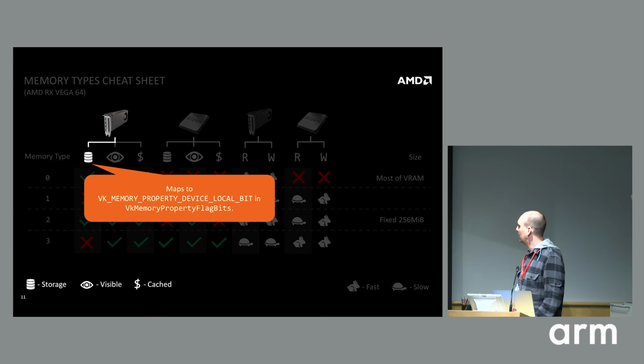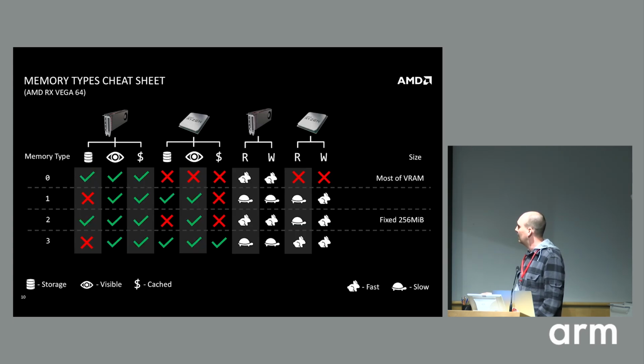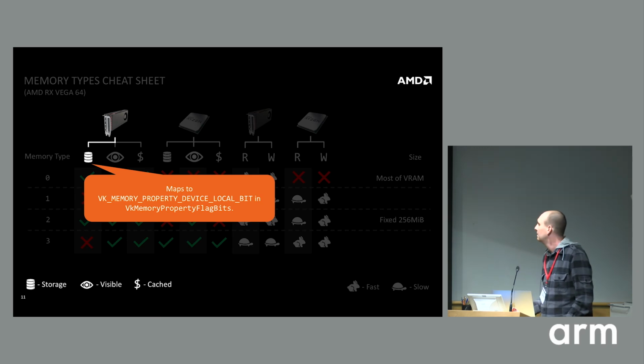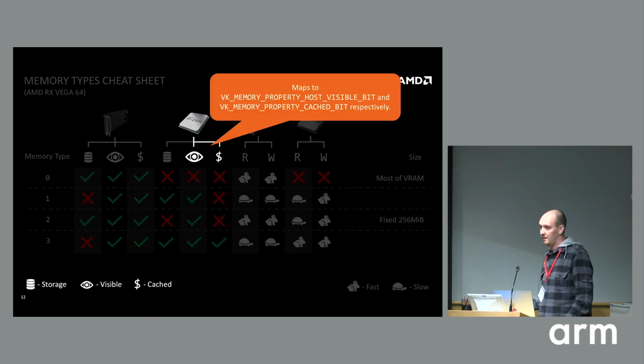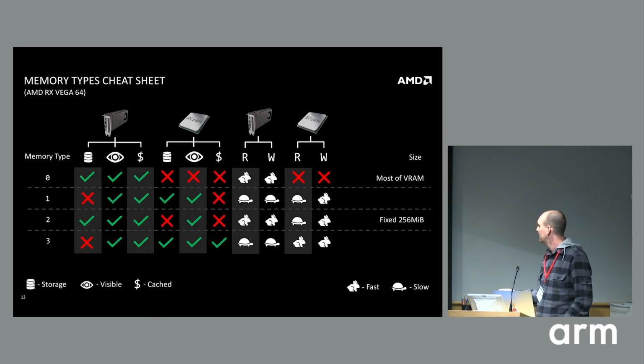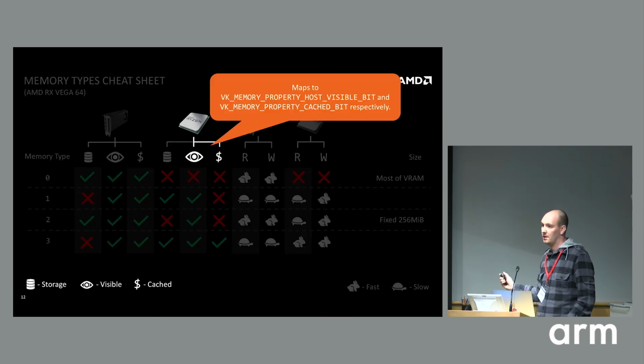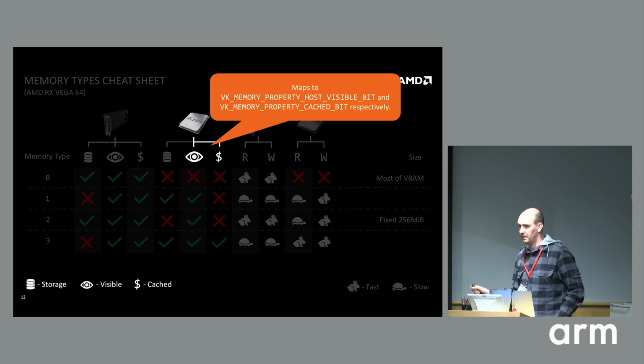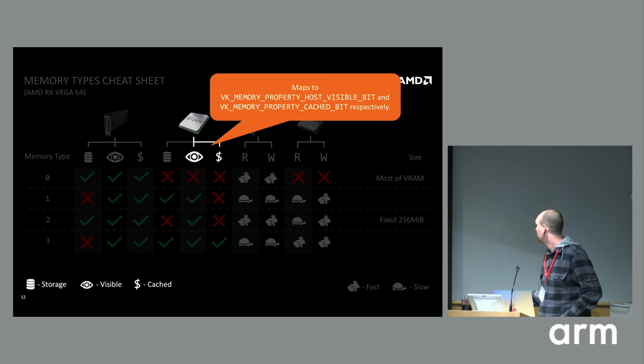So if you've got a memory type that has a tick here, it means that the heap it came from has that bit set. These 2 over here roughly correspond to these 2 bits, host visible and cached. So a tick in those columns means that these bits are set on the memory type. Hopefully everyone's head hasn't completely exploded at this point.